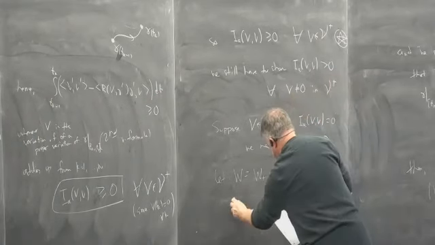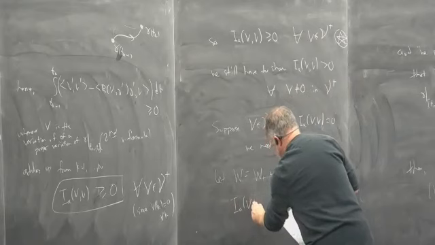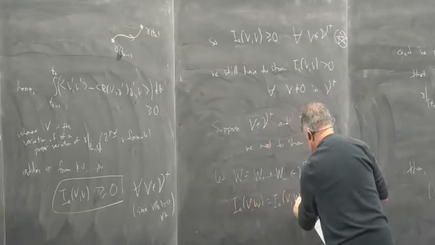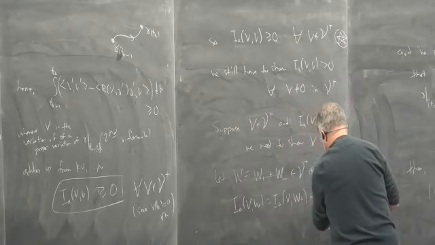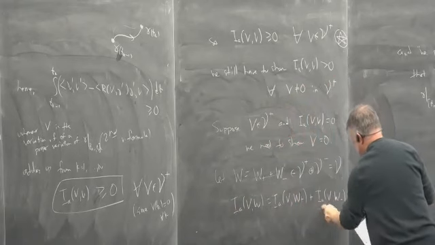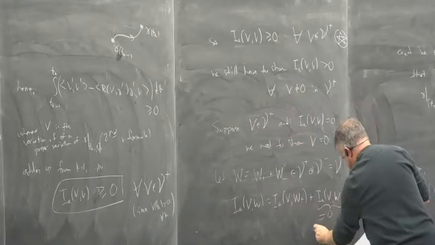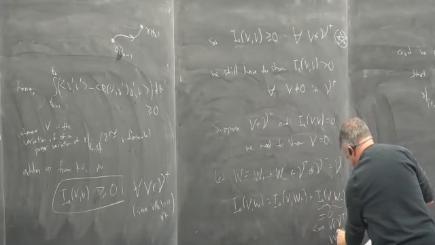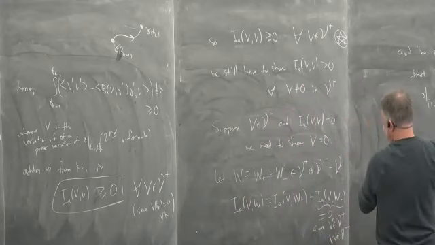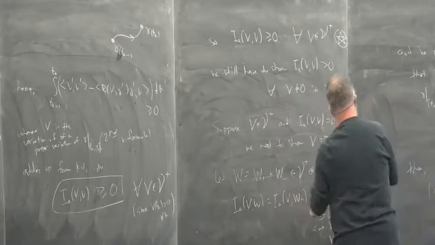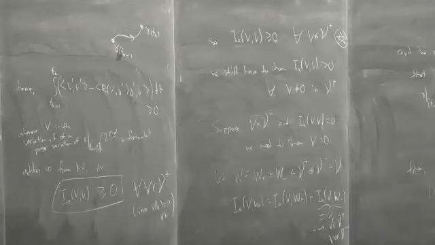And this part, if I take I_A of V, W, it's bilinear, so that's I_A of V, W plus plus I_A of V, W minus. So this is 0 since V is in V plus and W is in V minus. We just proved on the previous board that if you take one in V plus and one in V minus, you get 0. So let's see where I'm going to use this.